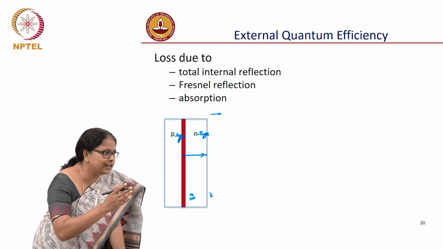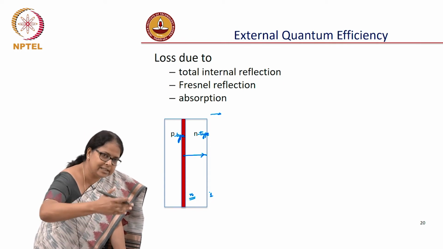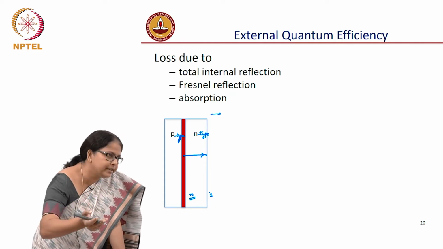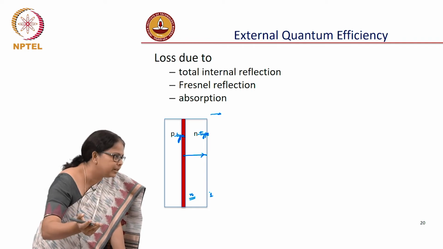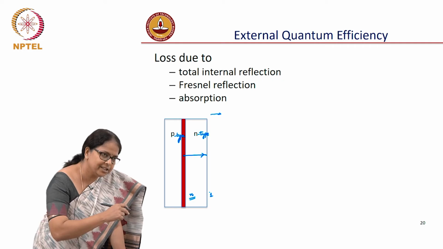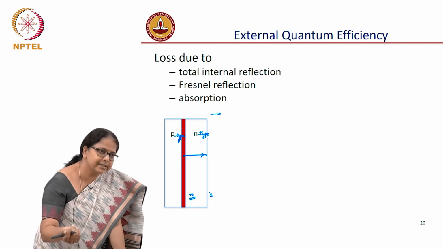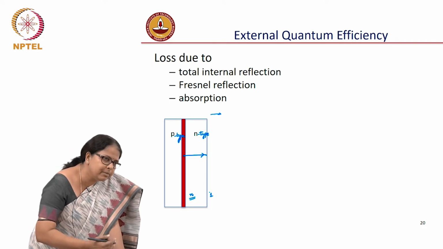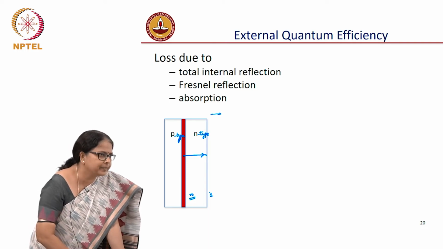Whenever you have an electromagnetic wave incident on an interface where the constitutive parameters, epsilon and mu, are different, what happens? You could have reflection, only a fraction of it will get transmitted, and that loss is given by your Fresnel coefficients.